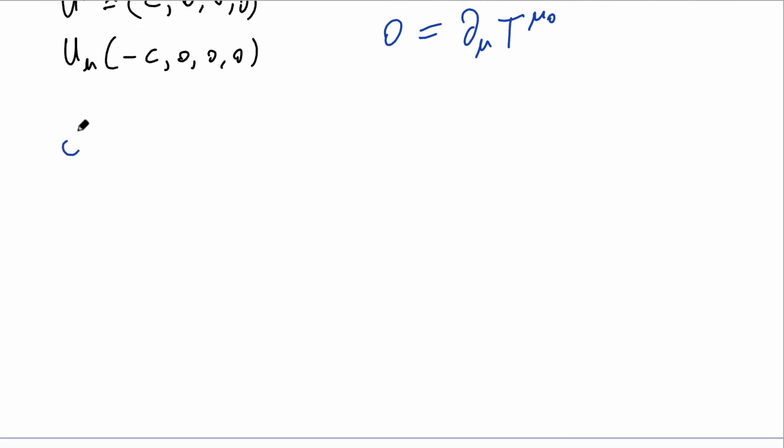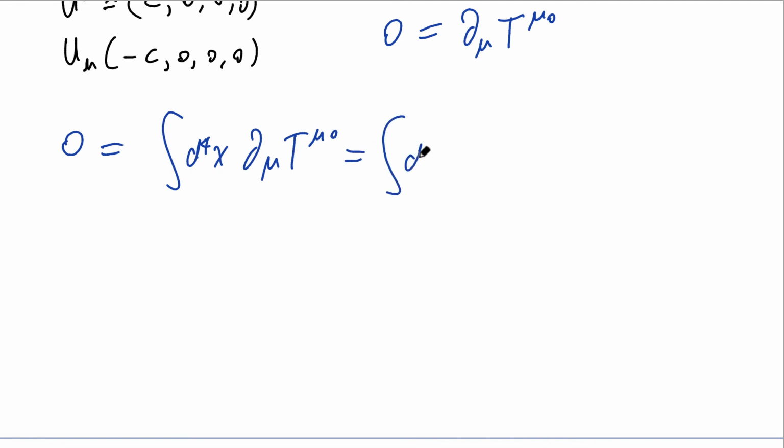So we have 0 equals the integral d⁴x of ∂_μ T^{μ0}. Of course, there's a sum over μ, so let's write that out. This is the integral d⁴x of ∂_0 T^{00} plus ∂_i T^{i0}.